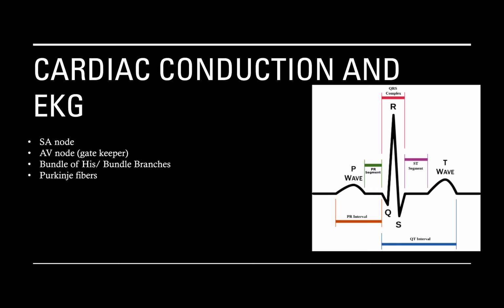So finally, I'll talk about the cardiac conduction system and EKGs. When you're talking about the conduction of electrical impulses through the heart, they start at the SA node, which is above the atriums.